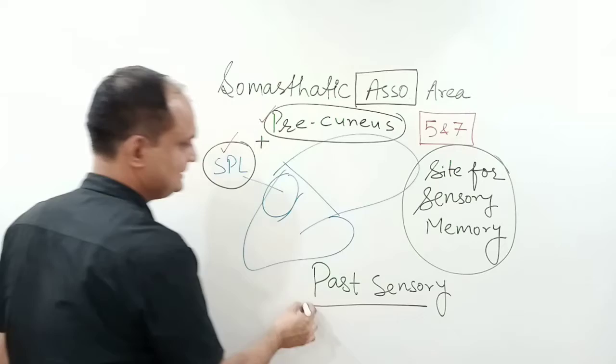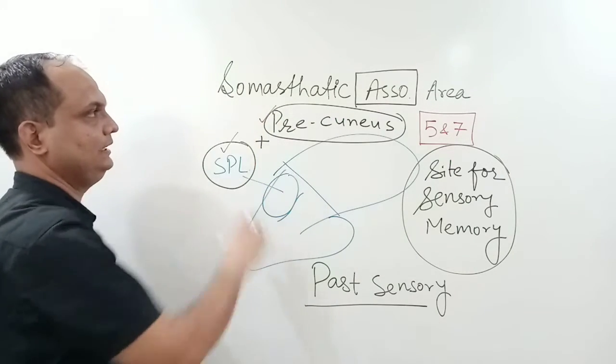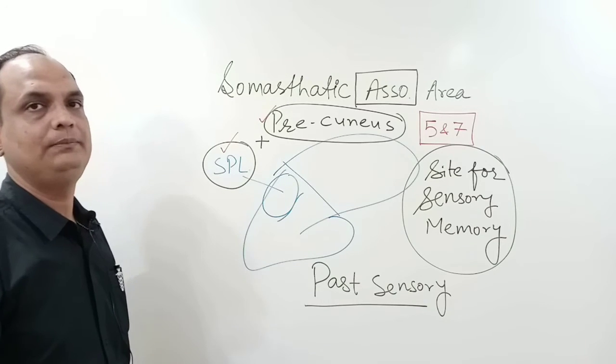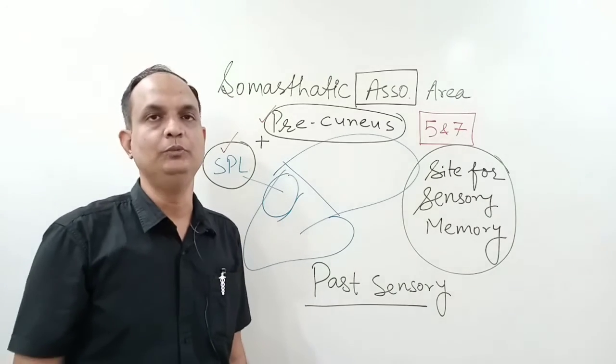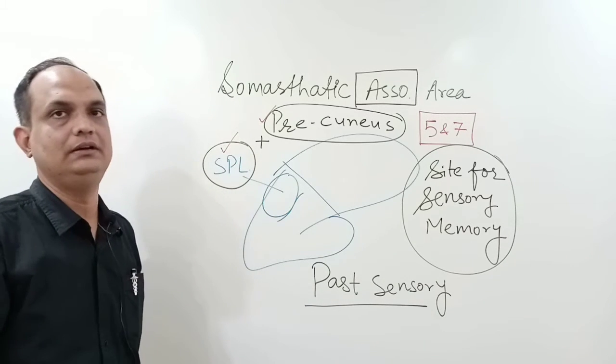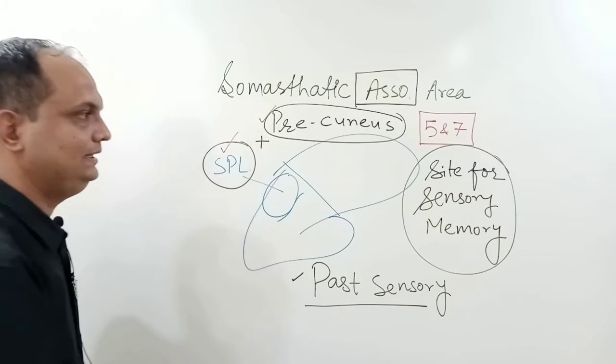Because of these past sensory experiences stored in the somesthetic association area, we are able to initiate previously learned movements.